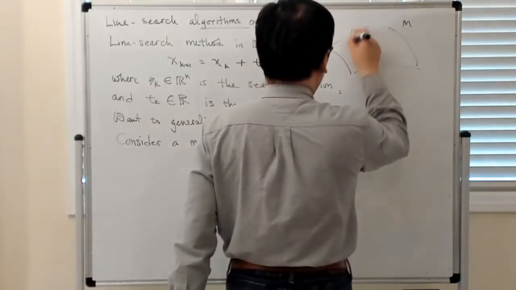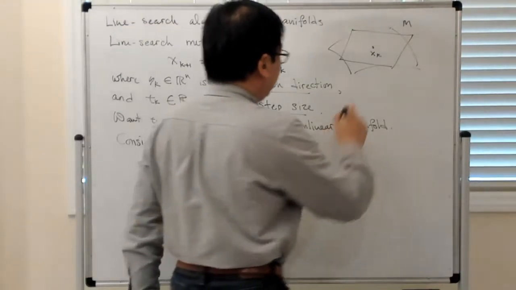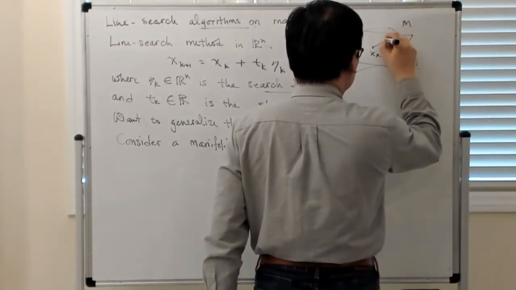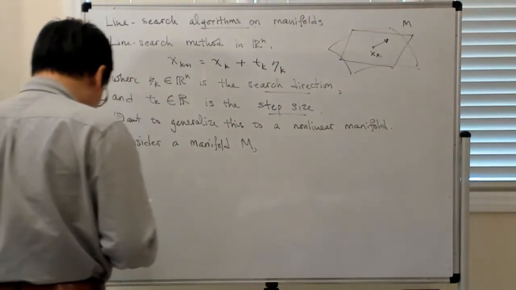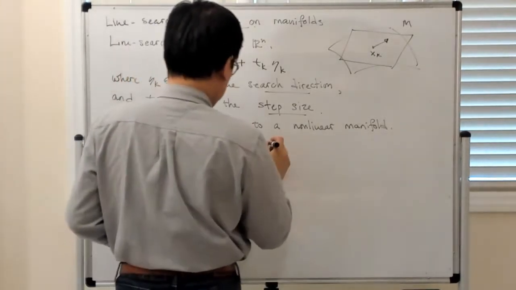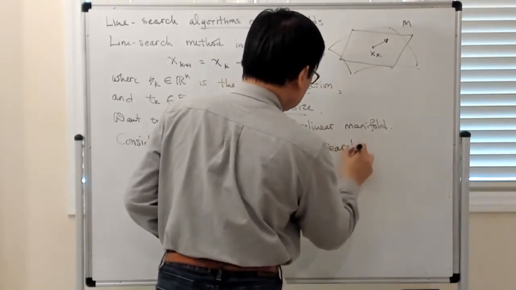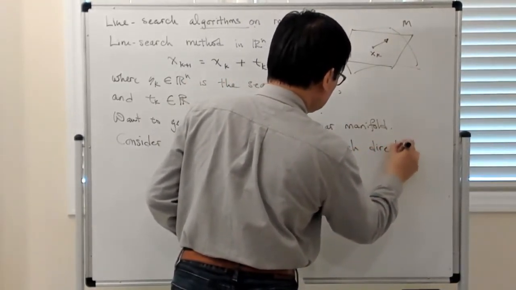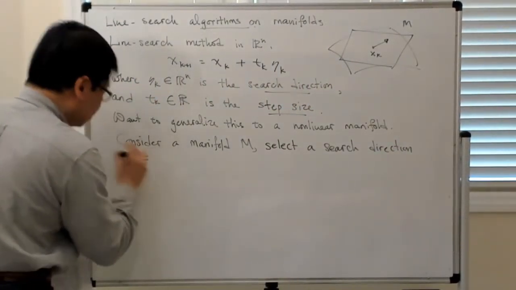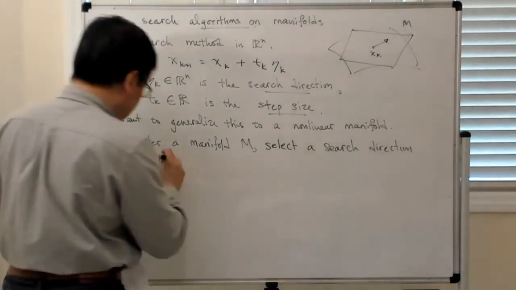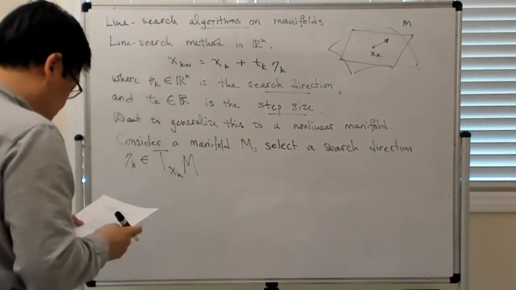We talked a bit about the idea of tangent spaces, so it's very natural to consider a search direction which is an element of the tangent space. So we want to select a search direction eta k, and this is in T_{x_k} M, the tangent space to the manifold.